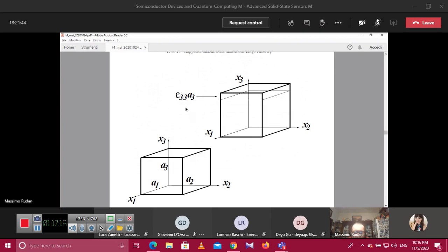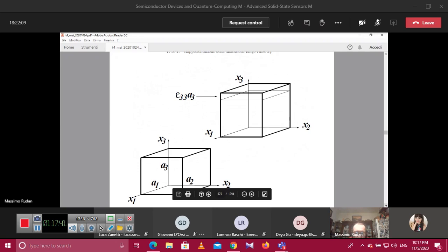If the product epsilon 33 times A3 is the deformation, epsilon 33 by itself, that is the deformation divided by A3, is the relative deformation in the direction normal to the face.